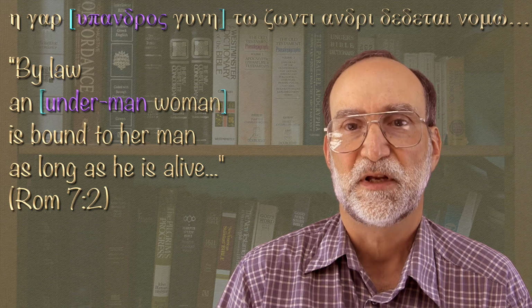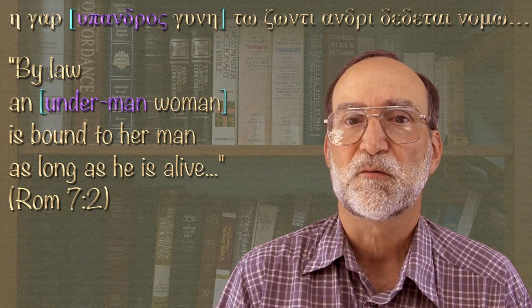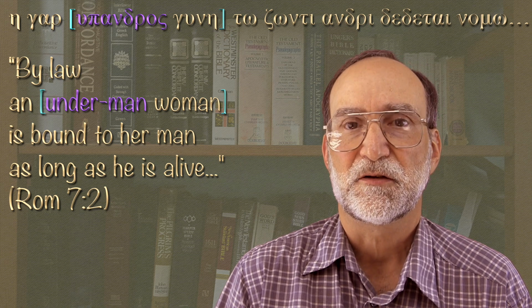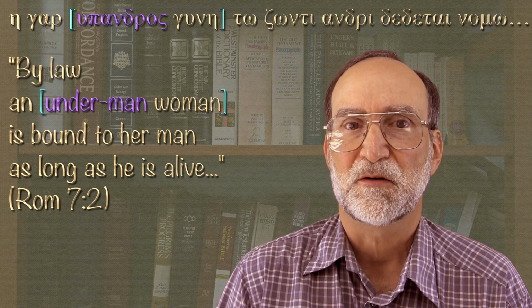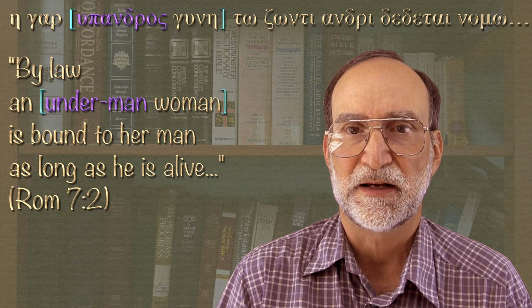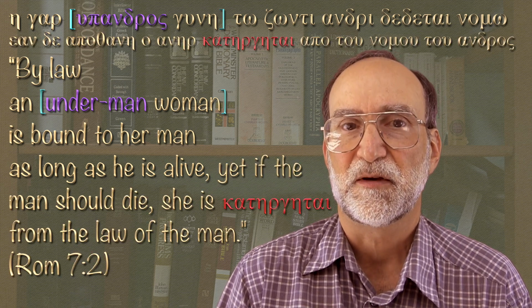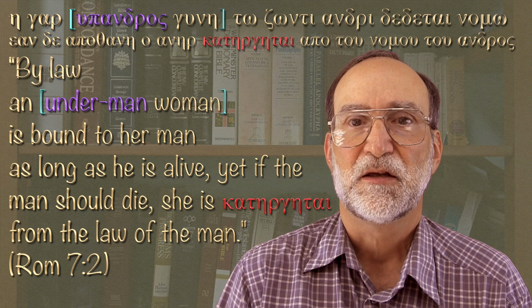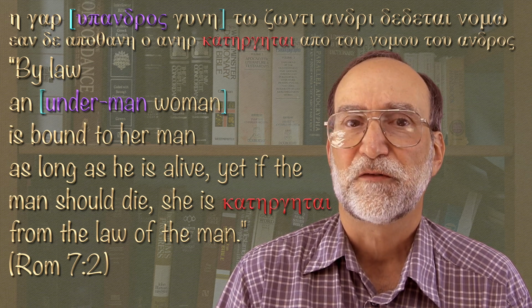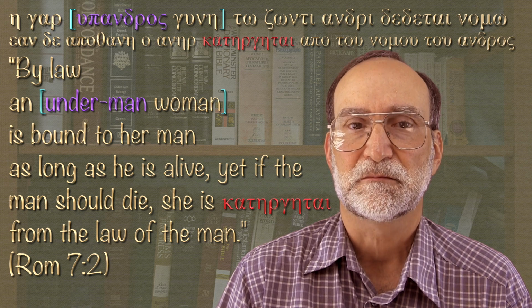Let's continue reading that verse after where we left off. By law, a married woman is bound to her man as long as he is alive. Yet, if the man should die, she is katergete from the law of the man.